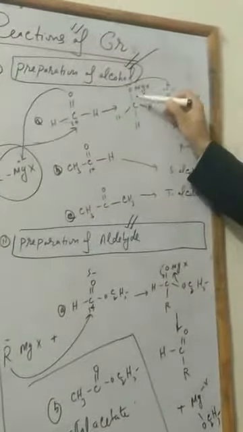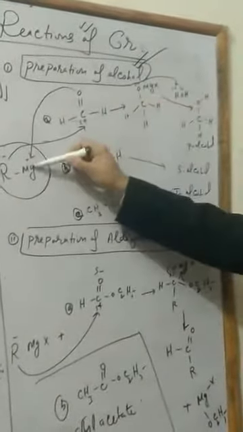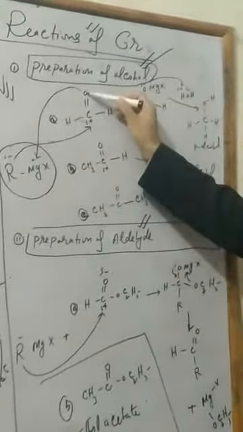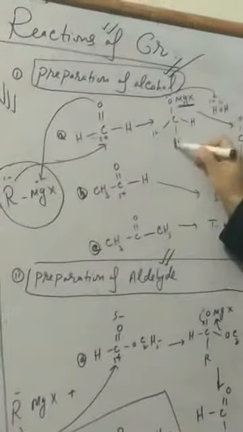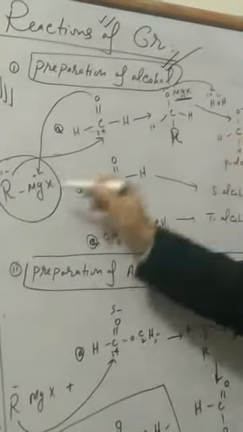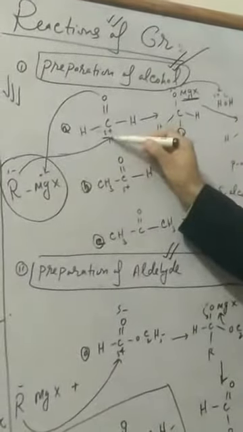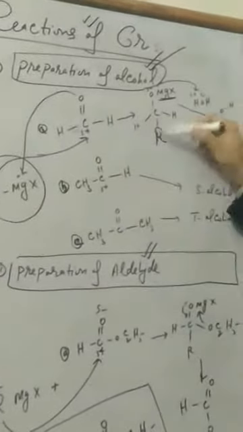We will get again this intermediate. Look here, MgX becomes attached over here, and this R becomes attached over here. You get this intermediate as we have discussed over here.